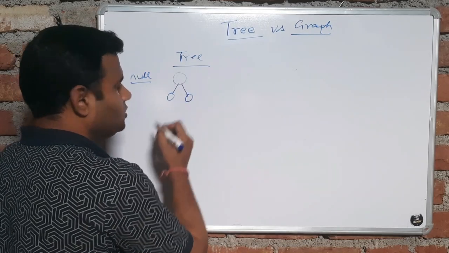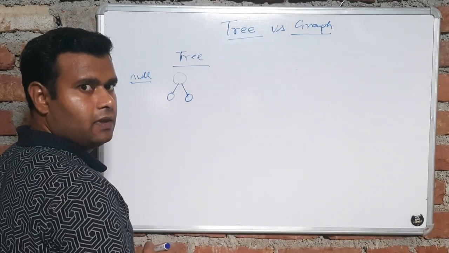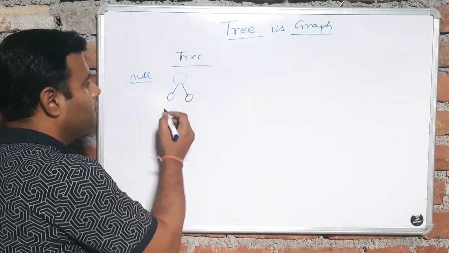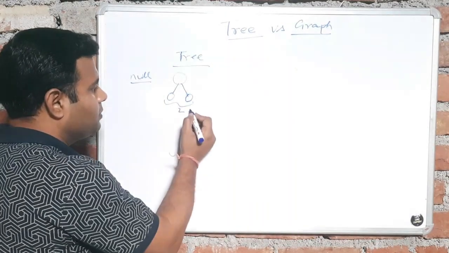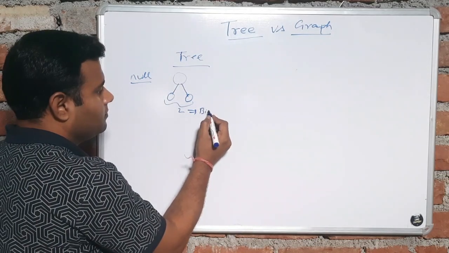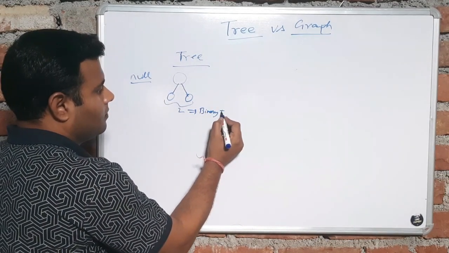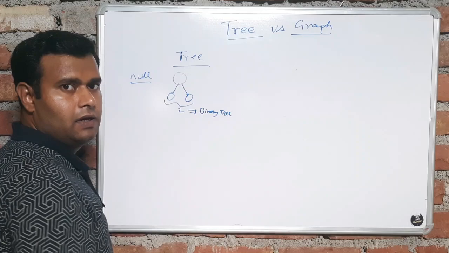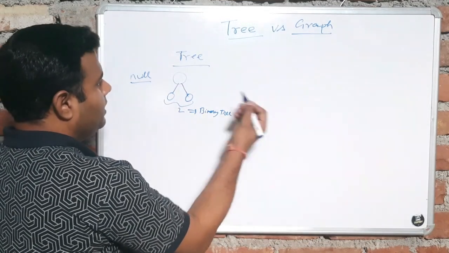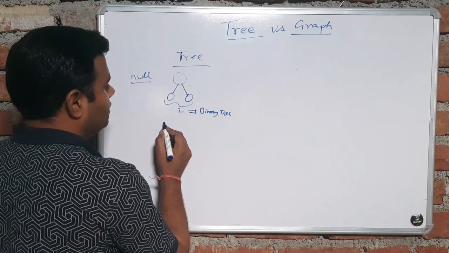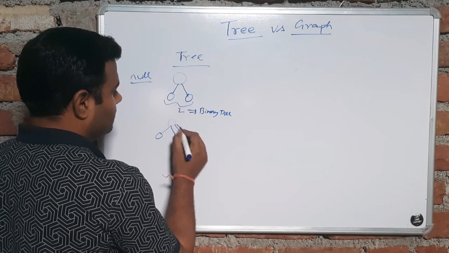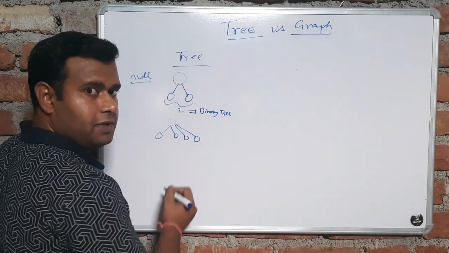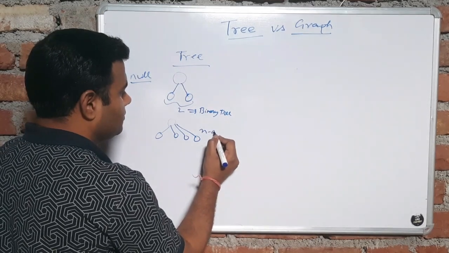It has two nodes, then it is a tree. But if the maximum allowed children is 2 only, then this is a special type of tree called a binary tree. But there can be n number of children in any tree. These are basically called n-ary trees.